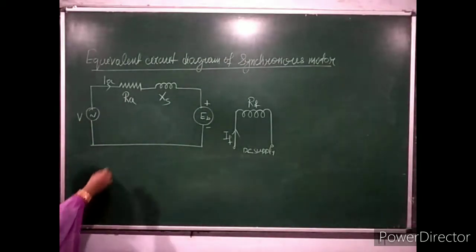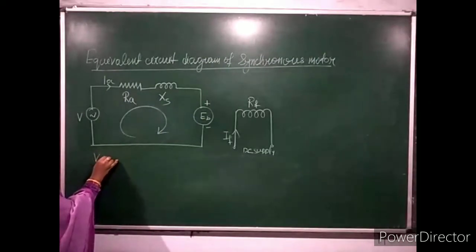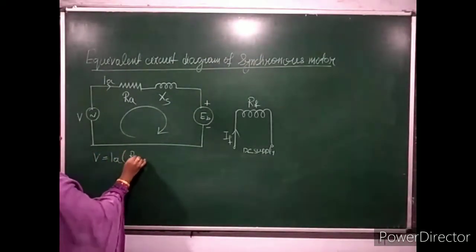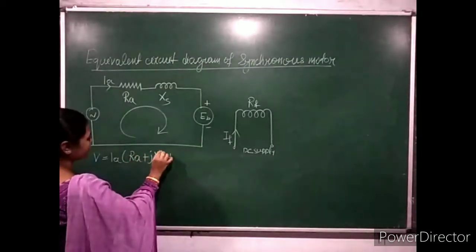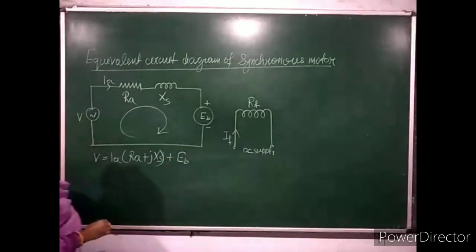Here the voltage equation is V is equal to Ia (Ra plus jXs) plus Eb.